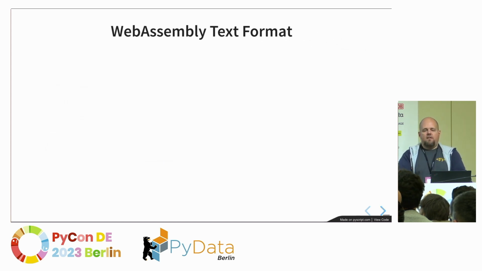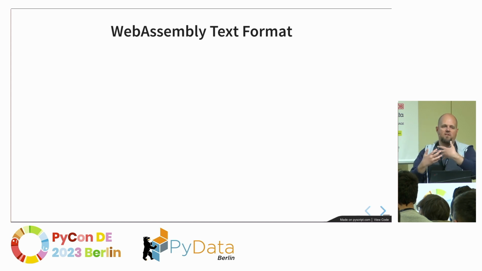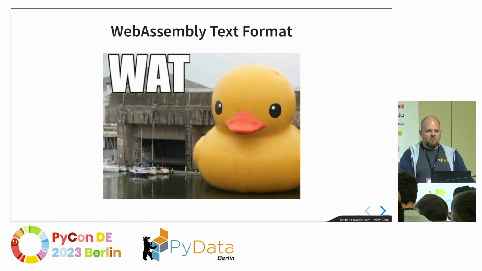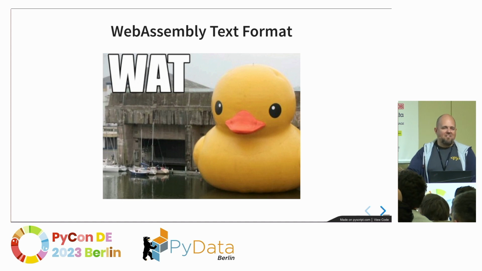Now I'm going to show you a disassembled version of the binary. The compiler emits the binary code, but then we can disassemble it and see in a human-readable way what's inside. This format is called WebAssembly text format, abbreviated as WAT. This is the main reason why I want to talk about this, because I want to include this slide.